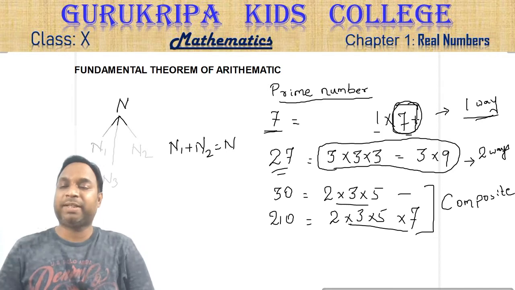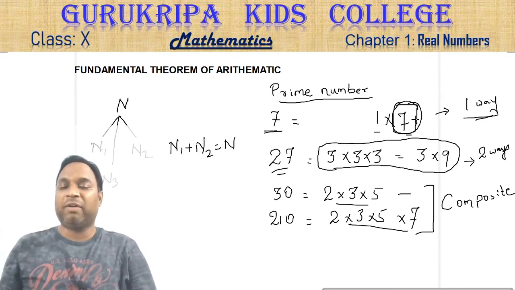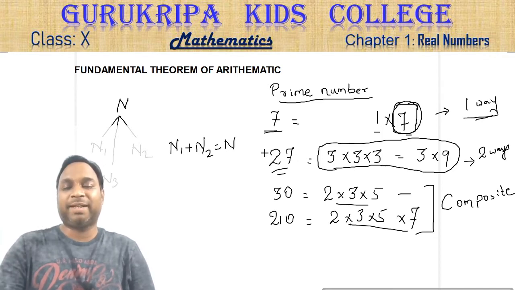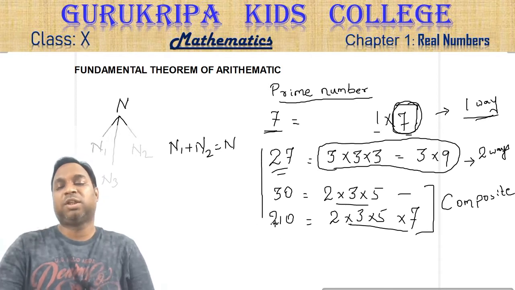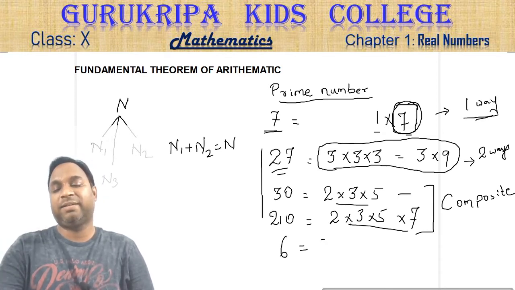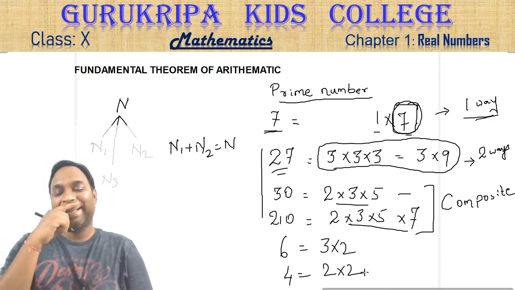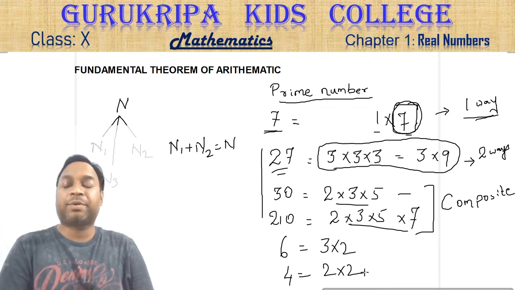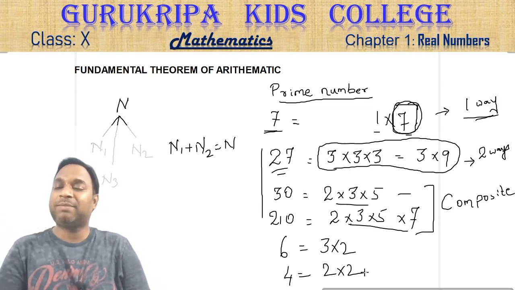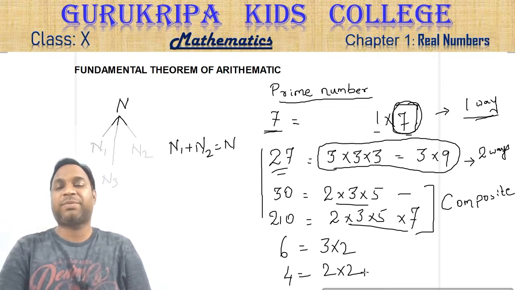You cannot divide it into any other number. However, some numbers can be divided, like 27, 60, 210. 6 can also be divided, 3 into 2. 4 can be divided, 2 into 2. So numbers which can be expressed as a product of other numbers are called composite numbers. Numbers which cannot be expressed as a product of other numbers are called prime numbers.